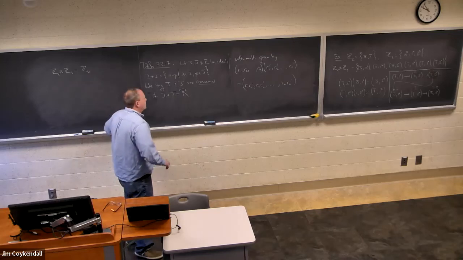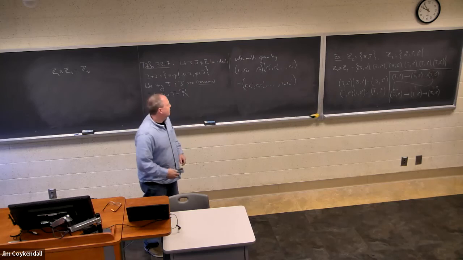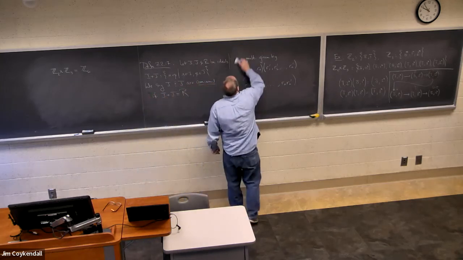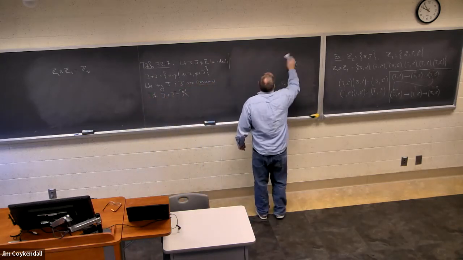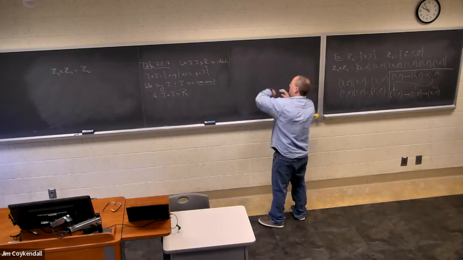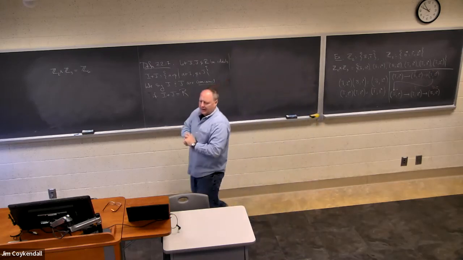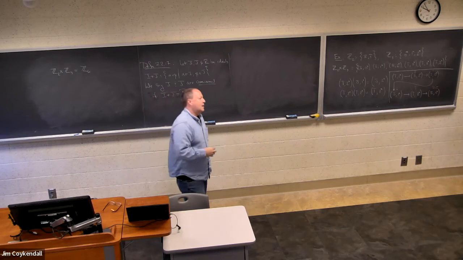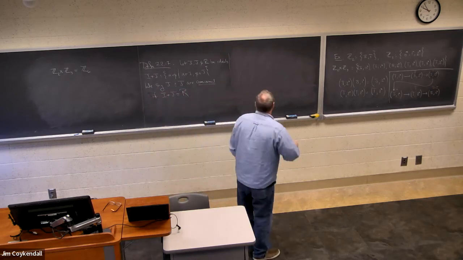I am going to give you a more general statement of the Chinese remainder theorem and hopefully finish that up next time. But I will leave you, since we were kind of waning on time a little bit, a corollary.